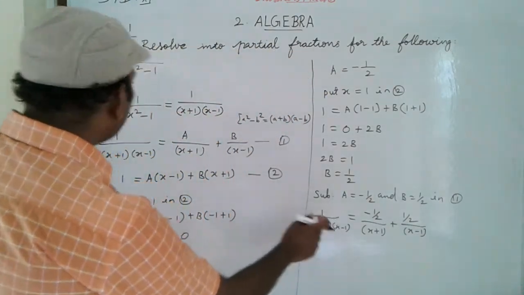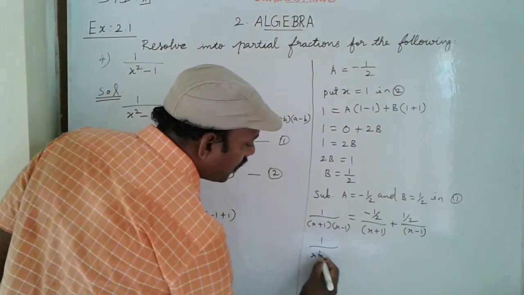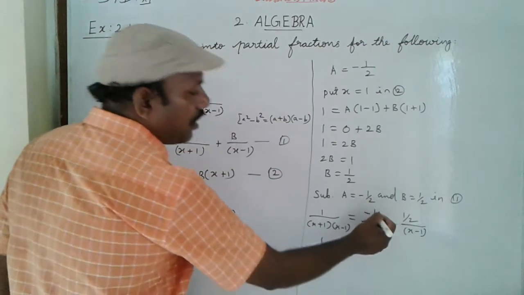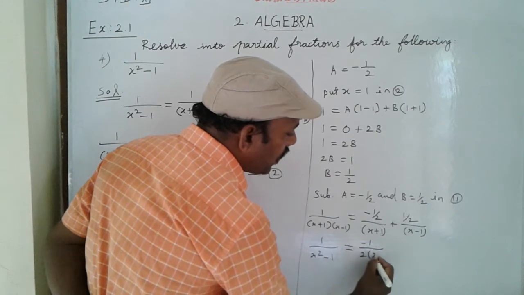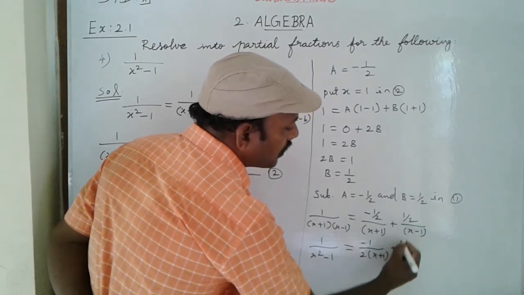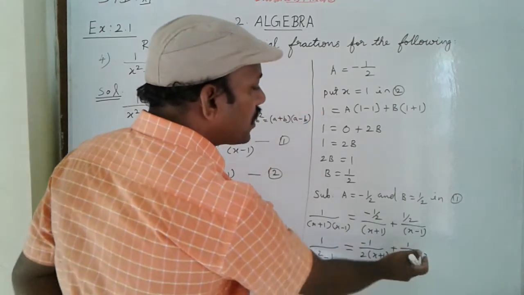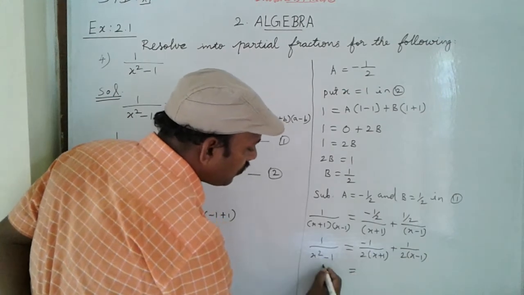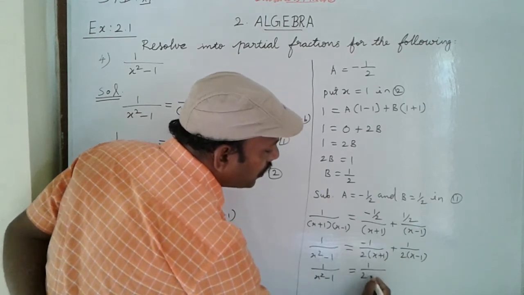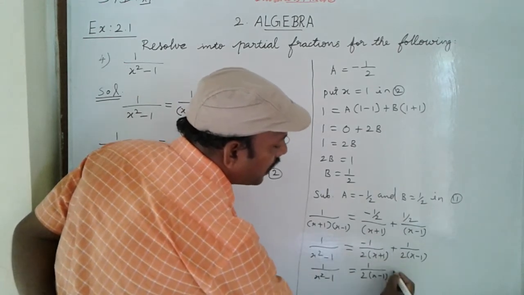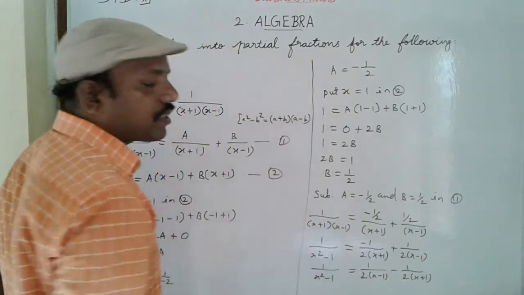So 1 divided by x square minus 1 equal to, we should take a denominator, minus 1 divided by 2 into (x plus 1) plus 1 divided by 2 into (x minus 1). First positive value we should write first: 1 divided by x square minus 1 equal to 1 divided by 2 into (x minus 1) minus 1 divided by 2 into (x plus 1). That's all.